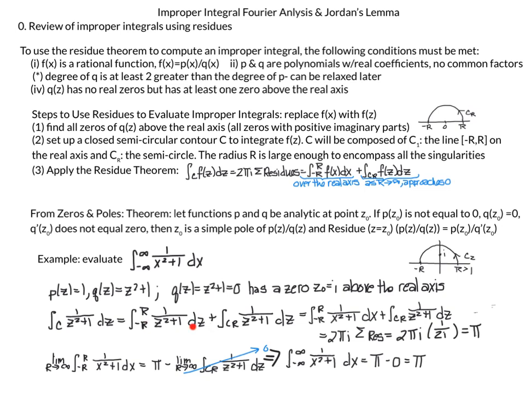Looking at this, because we are on the real number line, we see that all the values that get plugged in for our variable are going to be real numbers. So we're going to substitute x again to emphasize that now we're on the real number line. So we're going from negative r to r, 1 over x squared plus 1 dx, plus our closed contour integral. Now we're in the complex plane, so we need to use z, 1 over z squared plus 1 dz.